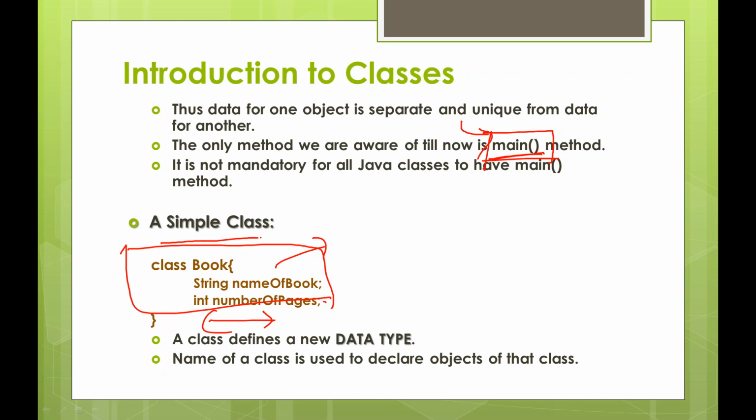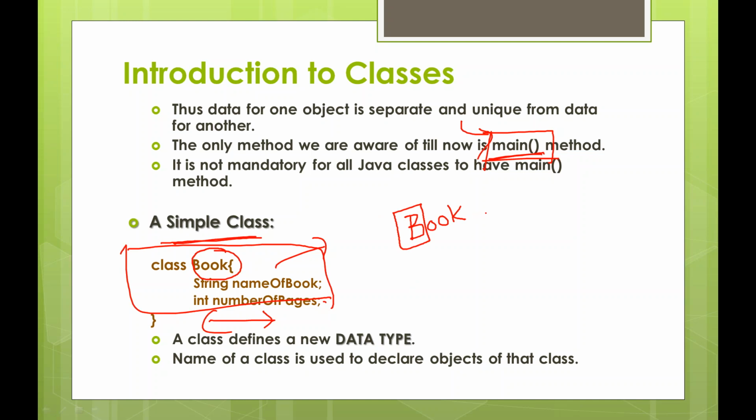So I have just defined a simple class here. The class is Book. What is the data type that we are defining here? Book. Remember, it starts with an uppercase letter, a capital letter.